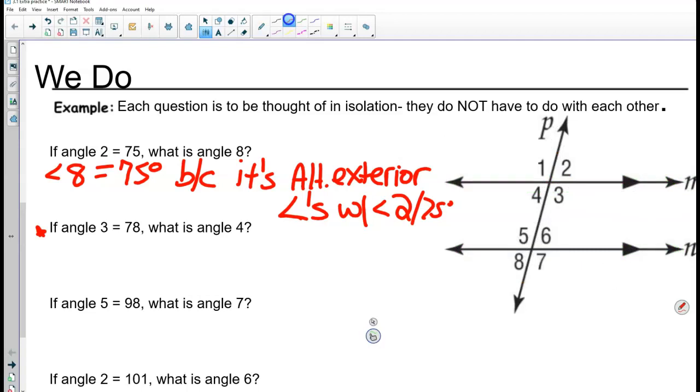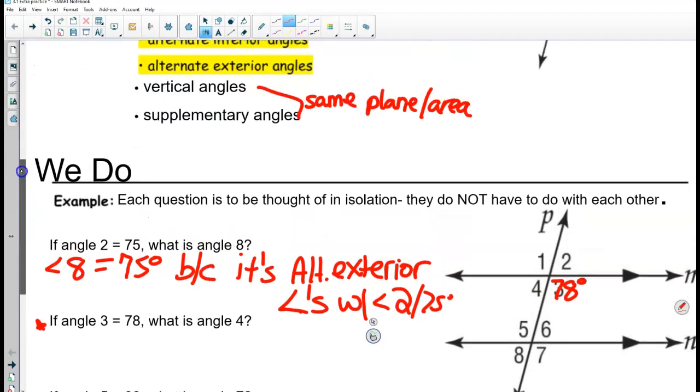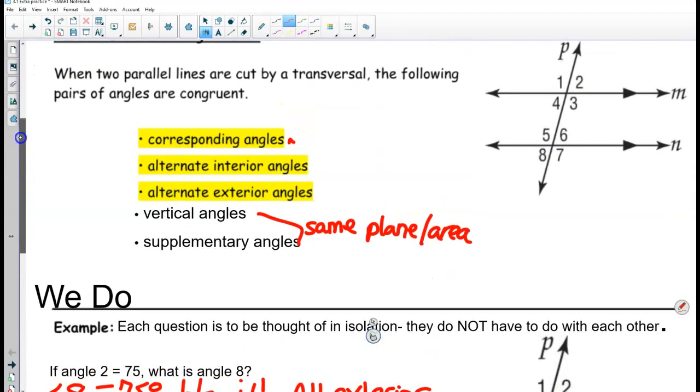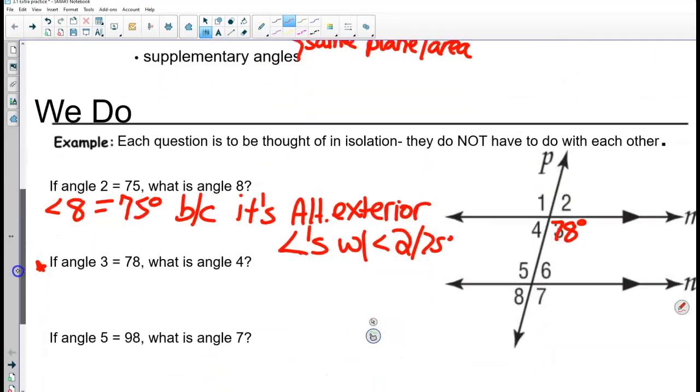So, if angle 3 is 78, I'm going to put 78 in. That's what I know now. We're starting like none of that other stuff matters. What is angle 4? So right away, they're on the same plane.